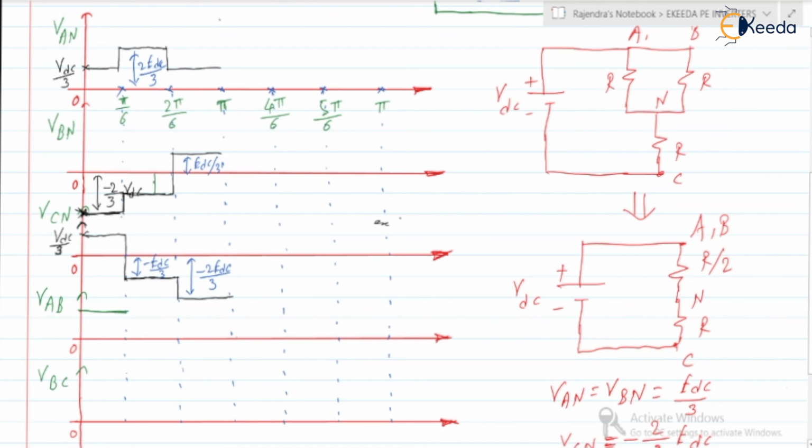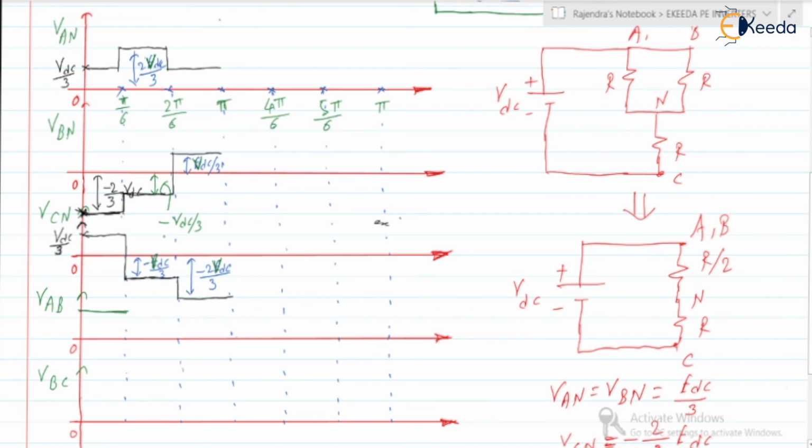So it is not EDC, actually it should be VDC, I'm sorry, this should be VDC, okay, because now we consider it as VDC.